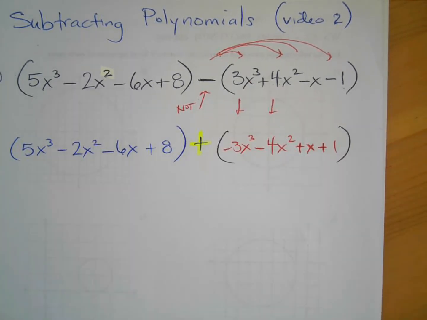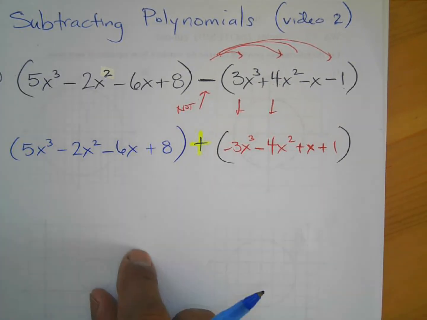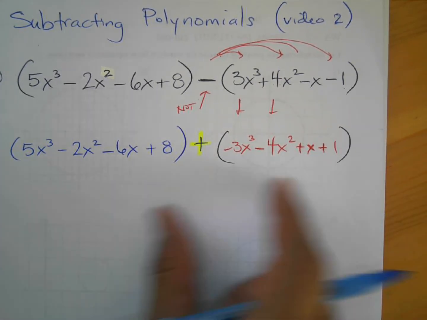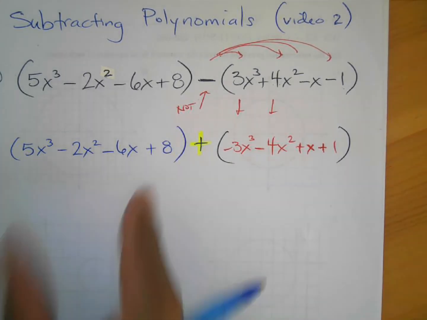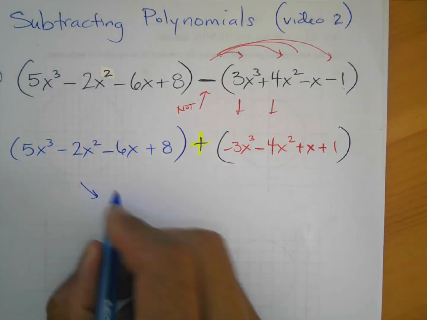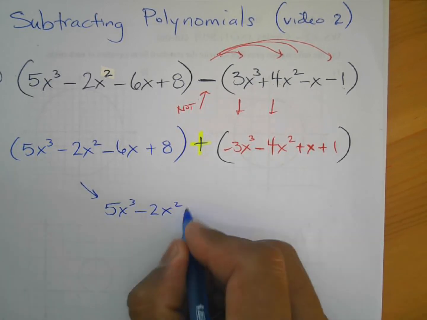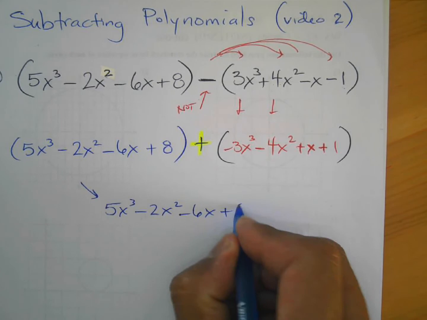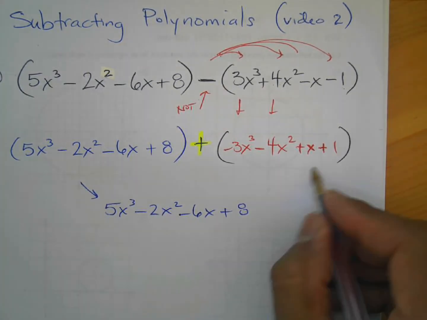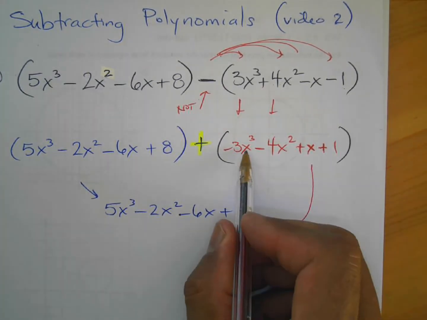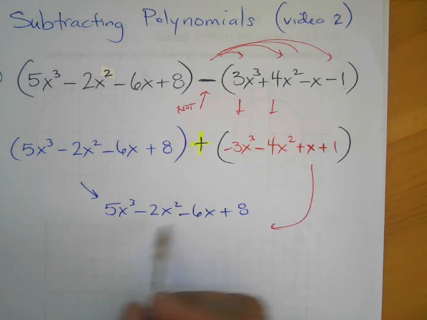Okay, so for subtracting polynomials, now we're going to use the vertical alignment, right? We're going to write these right under this one. So I'll put this one here, 5x cubed minus 2x squared minus 6x plus 8. And this one's going to go right under it. And make sure that you're writing these under the like terms.